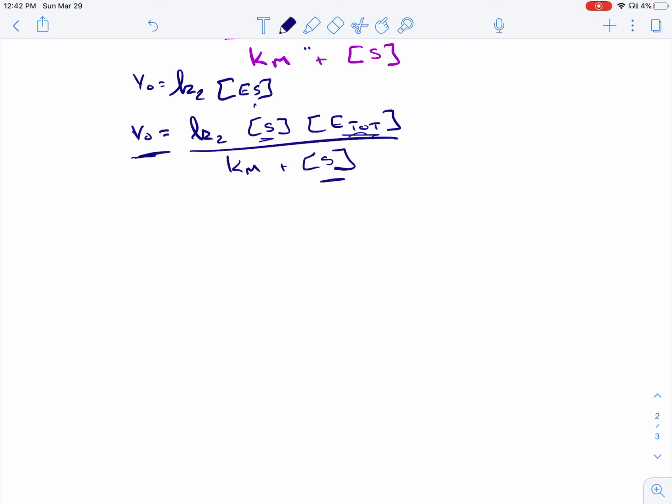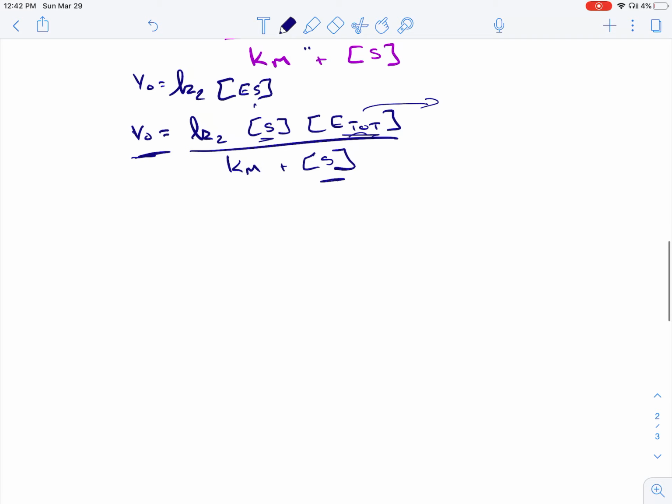I'm running out of batteries, so I have to finish this up quickly. So now the only thing we're going to do is a thought exercise and say, if all of your enzyme is in complex, so if you use 100% of the enzyme, then you have no free enzyme, so you must be operating at the maximum possible velocity.